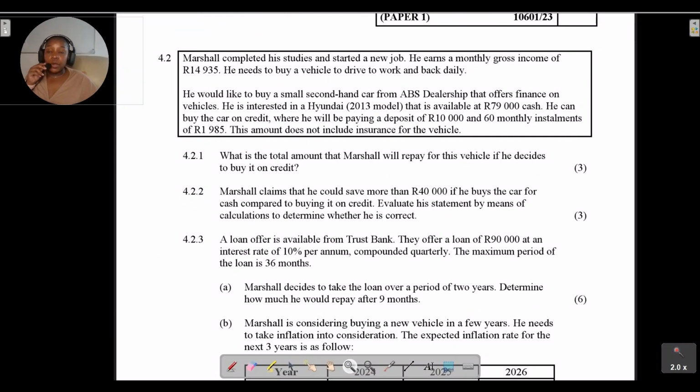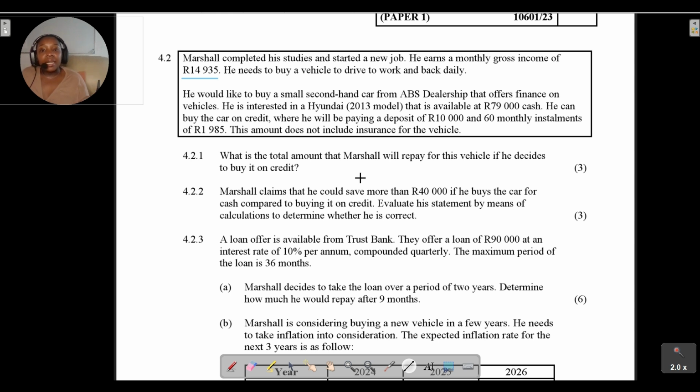So here in question 4.1, we are told that Marshall completed his studies and started a new job. He earns a monthly gross income of 14,935, and he needs to buy a vehicle to drive to work and back daily. He would like to buy a small second-hand car from ABS dealership that offers finance on vehicles.